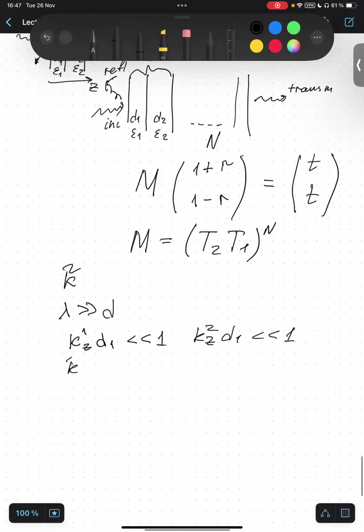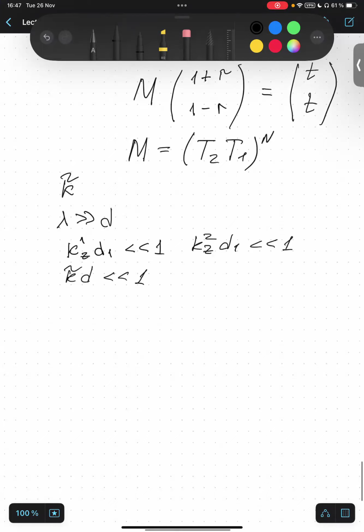And k tilde d is also much less than 1. Again, we can rewrite our dispersion relation, because these are small parameters. We again can replace the cosine and sine functions.